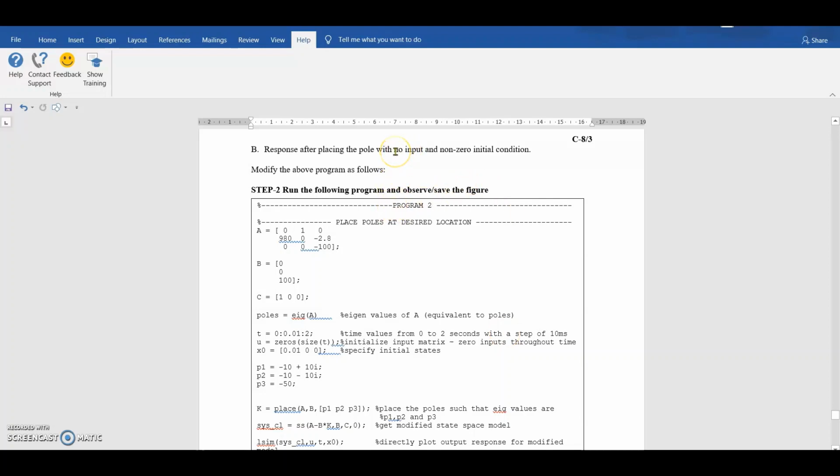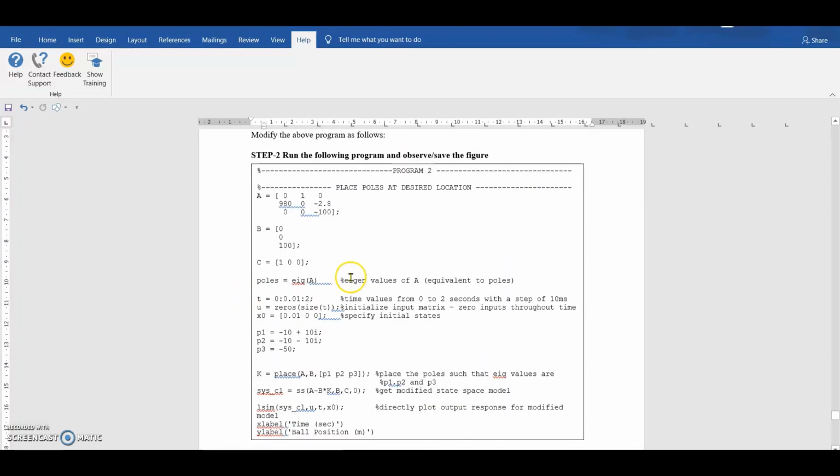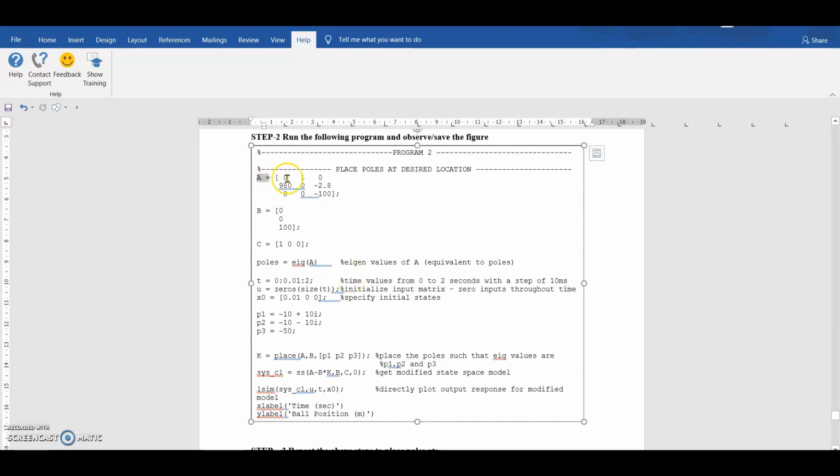Now the input is still 0 and initial conditions are there, and now we are placing the poles at the desired location in this program. As you can see, the A, B, C matrices are the same. This command is the same. These commands are also the same.